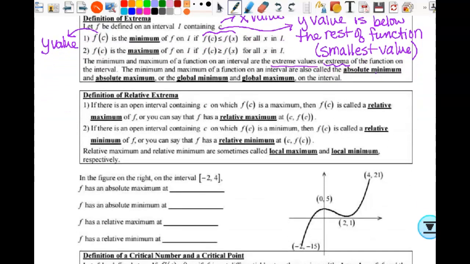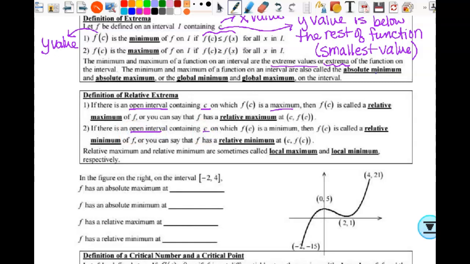So if there is an open interval containing c, which remember is just some x value, on which f of c is a maximum, then it's called a relative maximum. There's an open interval, again, open interval containing c. This is important. I'll show you why that whole open interval is important.